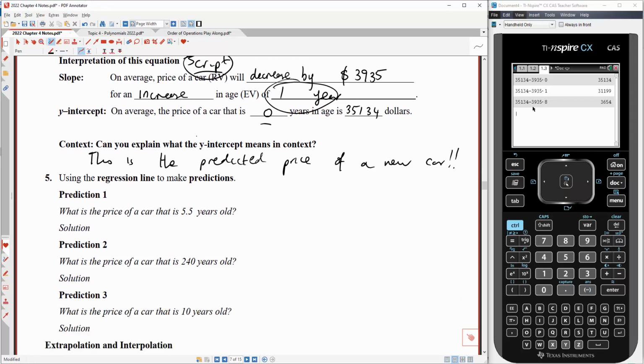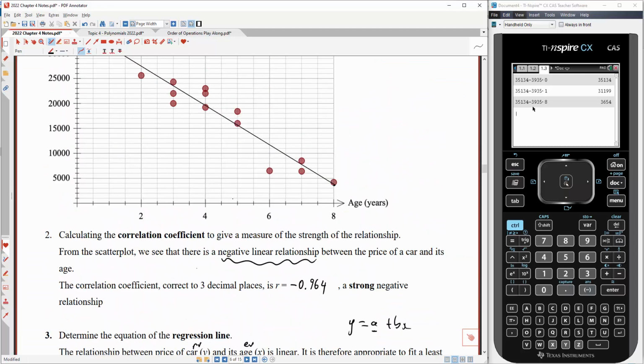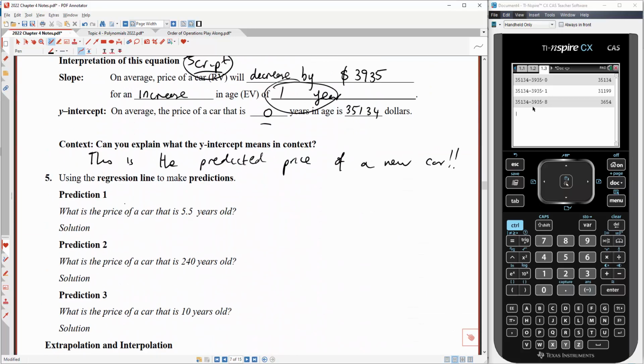We can use the regression line to make predictions. What's the price of a car that is 5.5 years old? We could look at the graph and go, here's 5, here's 6, so this is 5.5. I know the answer is going to be roughly 13 or 14,000, but we actually need to use the equation and the calculator to work it out. So price is equal to 35134 take away 3935 multiplied by the age, which in this case is 5.5.